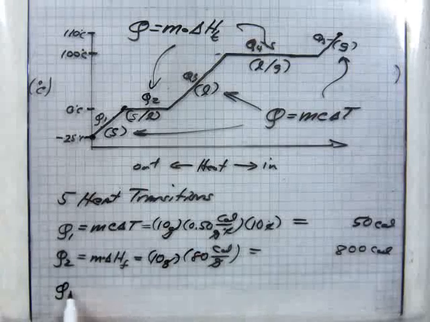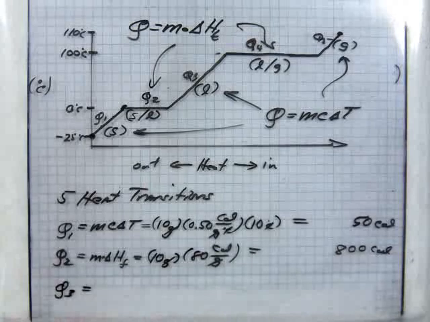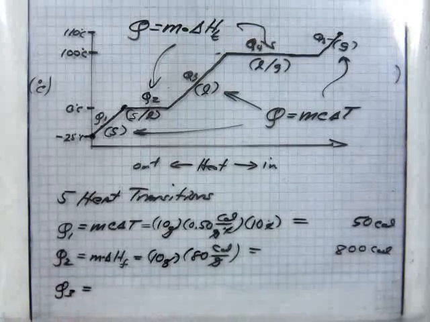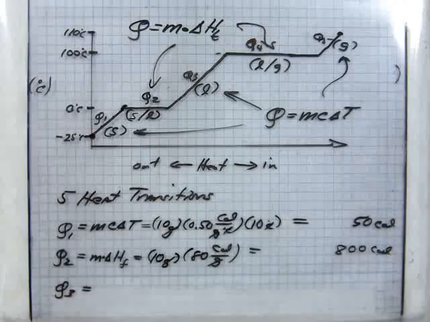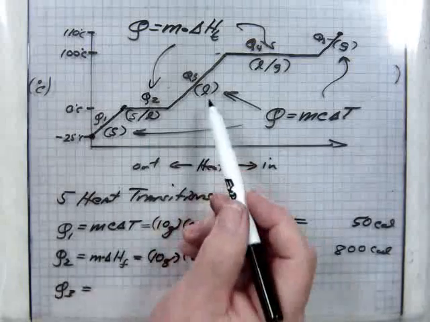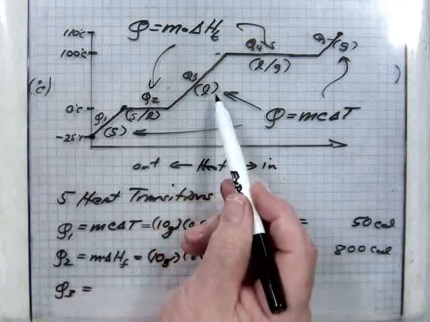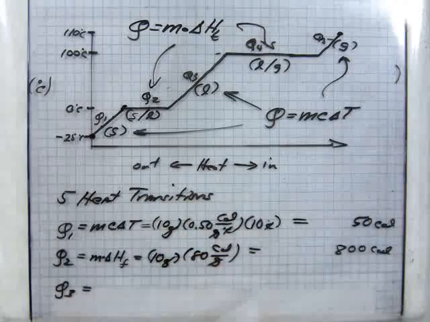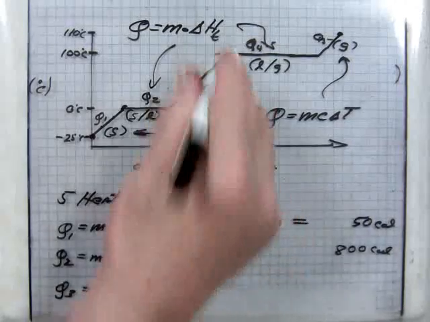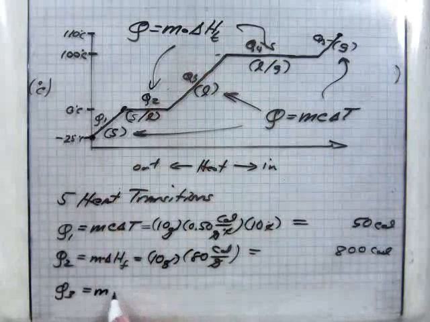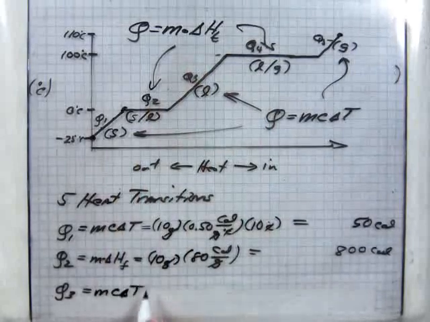So now we've melted everything, and we've gotten it into all liquid phase. In other words, there's no solid-liquid interface here in region 3. Q3 is now a slope line, so that's a temperature change region, MC delta T again.